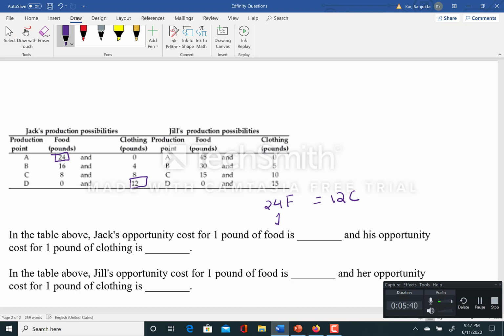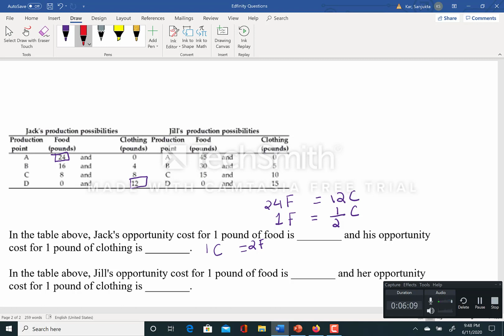So the opportunity cost of 1 pound of food is equal to half a pound of clothing. Now they're asking what's the opportunity cost of 1 pound of clothing. I can just flip it here and say 1 pound of clothing is equal to 2 pounds of food. Not too bad, right?